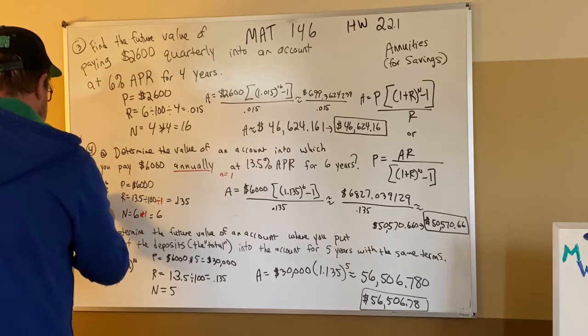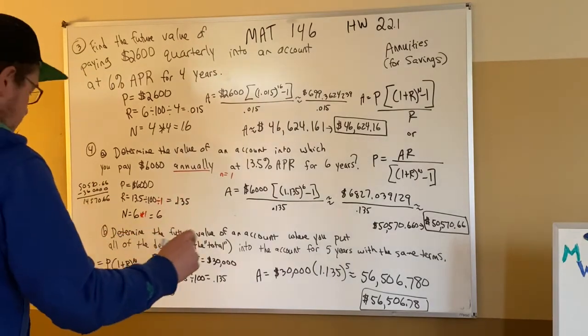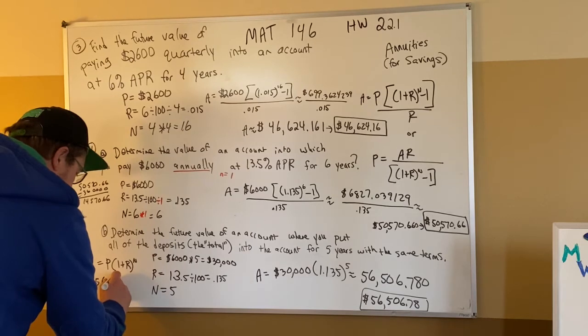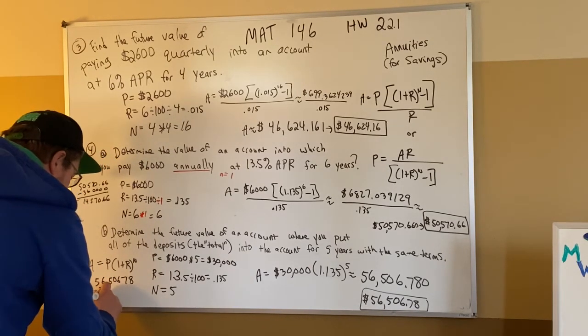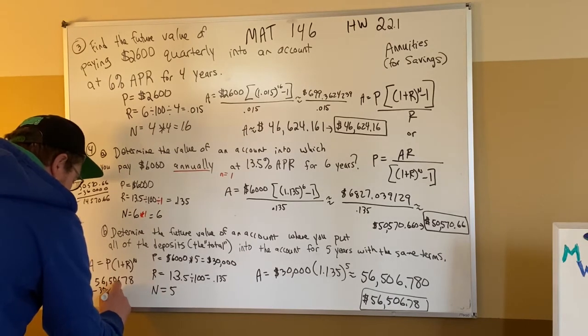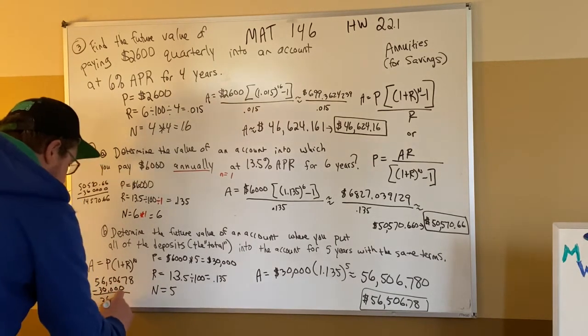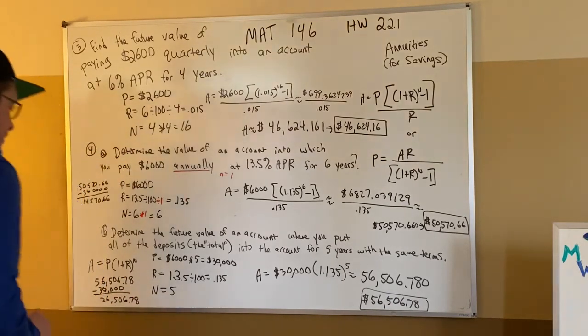So we get 14,570.66. And on the other one, you have 56,506.78. And in that one, all you had deposited, although you did it all at once and early, was 30,000. You get 26,506.78.